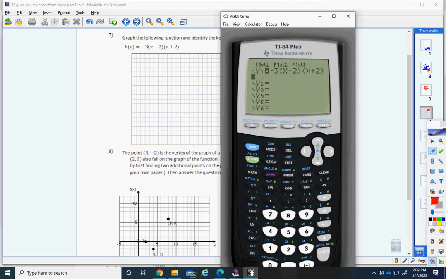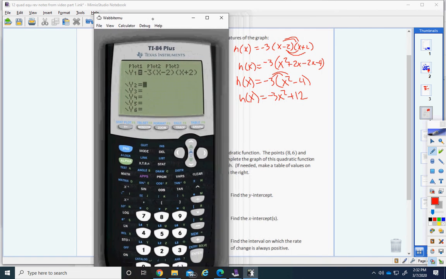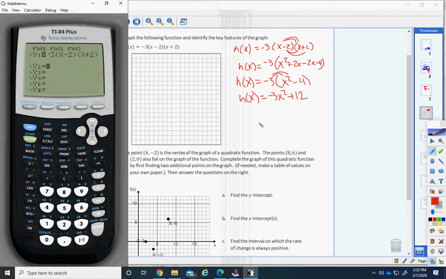And if I really did simplify it properly, when I enter into y2 the equation that I got, -3x squared plus 12, I should get the same values in my table. And let's go look at our table of values. And I can see they're identical.